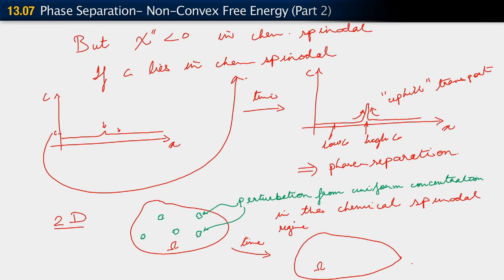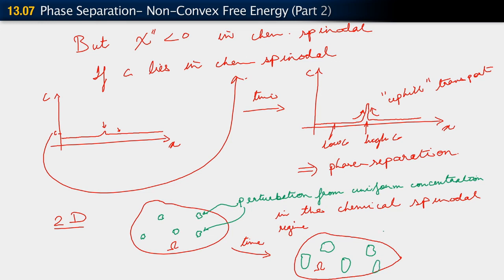Okay, a little better. What will happen is that these regions with perturbed concentration will grow, just as we showed in the 1D case. Those little regions will grow, and as they grow, the concentration around them will decrease.